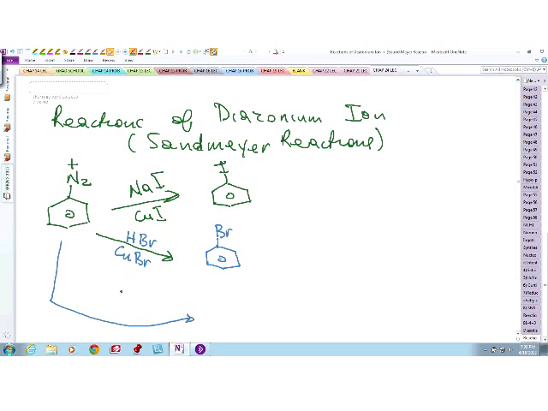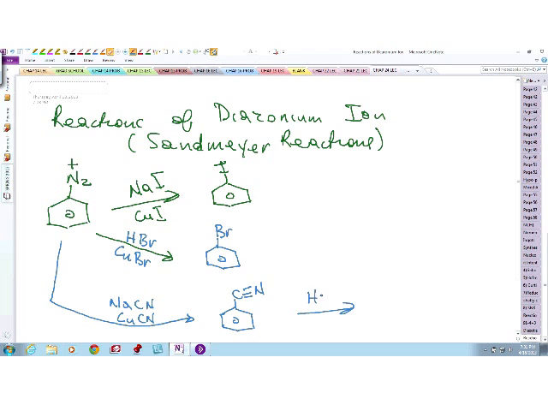We could take the diazonium ion, add sodium cyanide or potassium cyanide in the presence of copper cyanide. What do we have? Now you begin to see the versatility of this reaction. Now what have we done? We have now replaced the amino group with a cyano group.